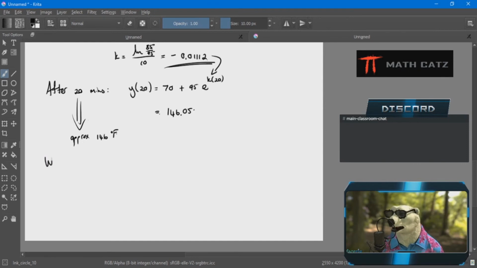So we could say, I want to give my guests a time window, and when it's cooled down too much, I need to be done with my whole meal. So when will the temperature be, let's say, 130?